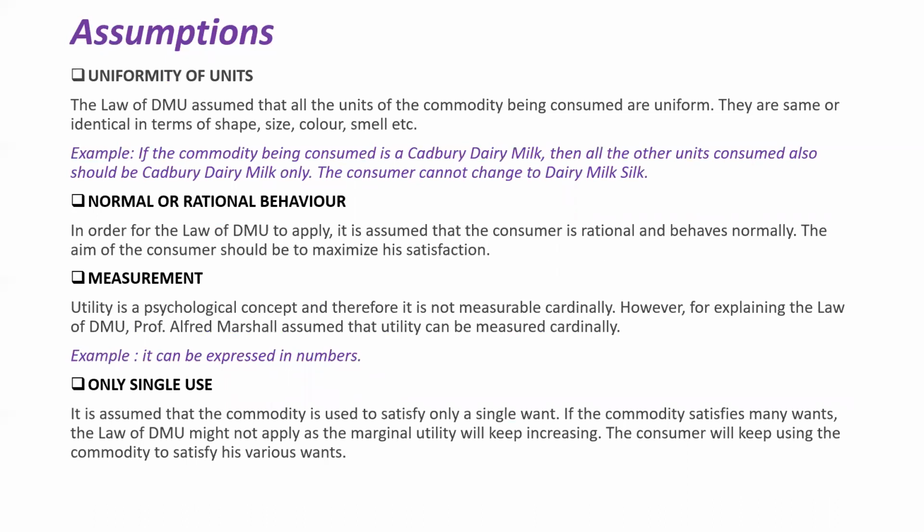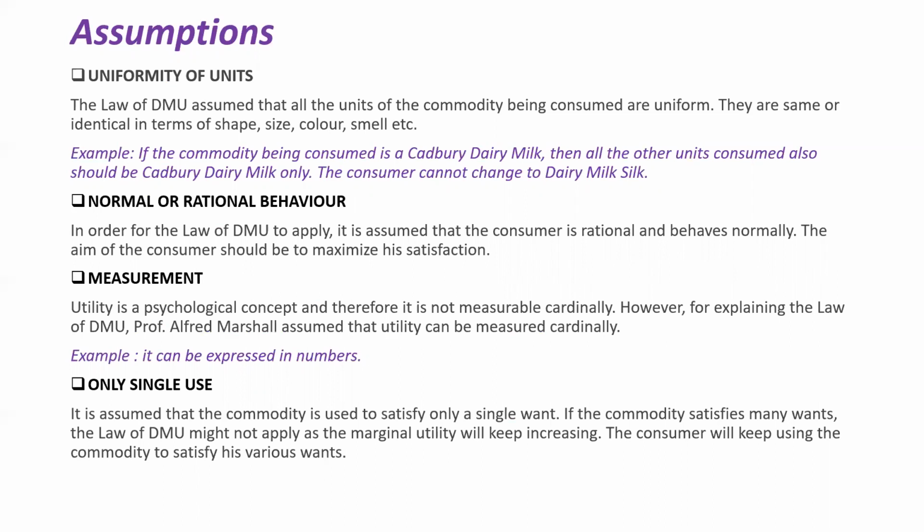In this law, we believe that if we are consuming Cadbury Dairy Milk, without any time gap we consume only the Dairy Milk chocolate, not another. If we change Cadbury Dairy Milk to Dairy Milk Silk, this law will not be applicable.